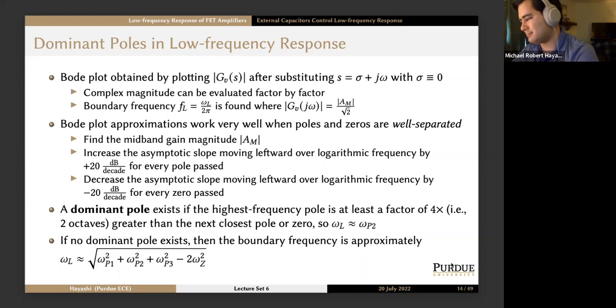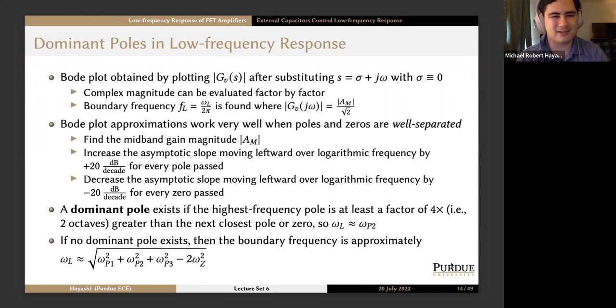So I'll move on. We'll talk about dominant poles in the low frequency response. We got the Bode plot by plotting the magnitude of G_V(s) after substituting s equals sigma plus j omega with sigma equal to 0, i.e. we're evaluating along the imaginary axis, which is the purely sinusoidal input domain and sinusoidal output, hence sinusoidal steady state.